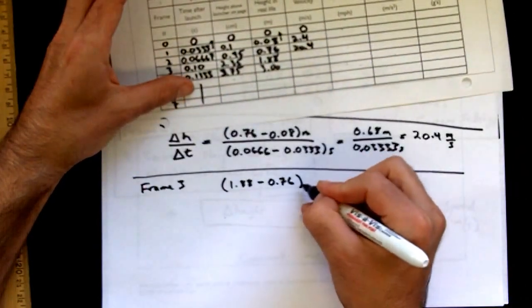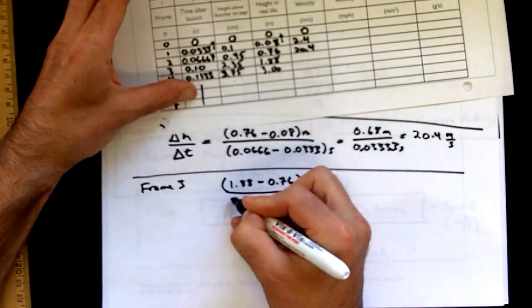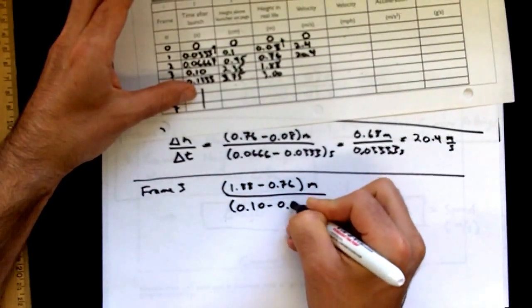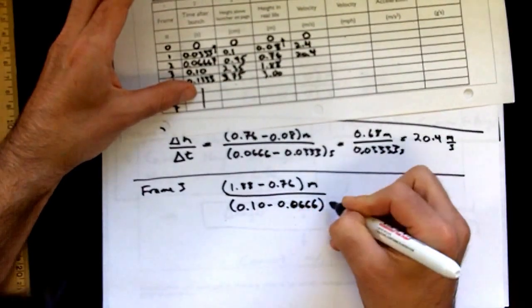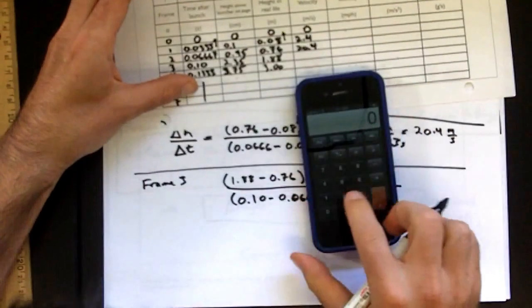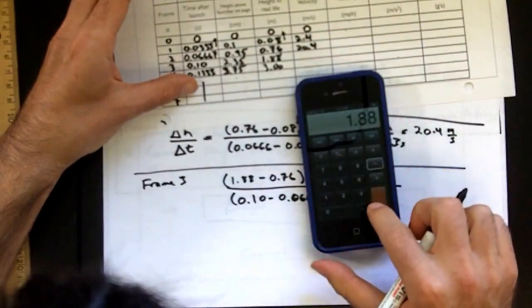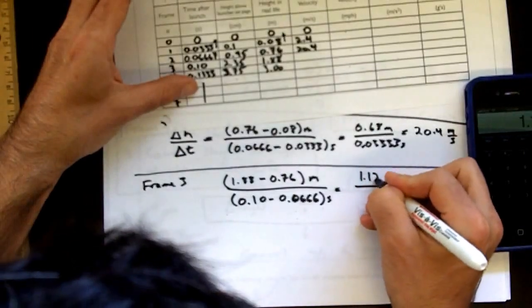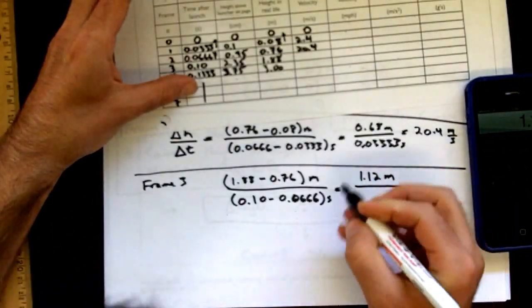So we've got that over 0.10 minus 0.06666 seconds. On the top, we're going to take 1.88 minus 0.76. We get 1.12 meters.